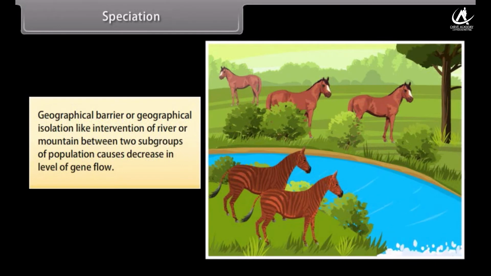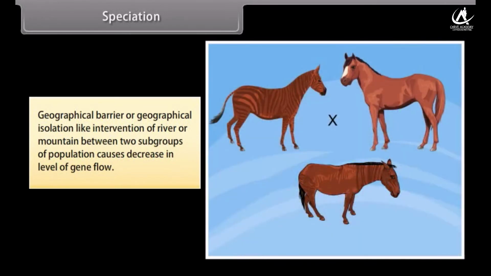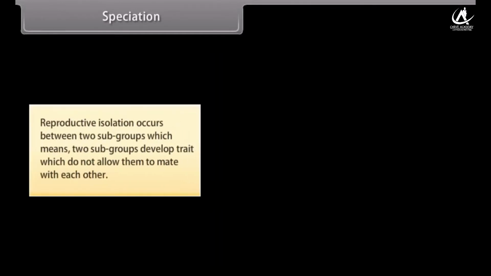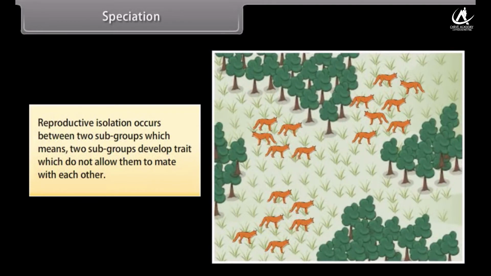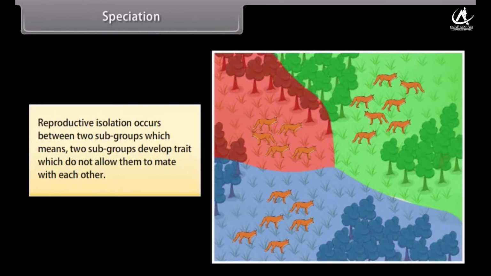Geographical barrier or geographical isolation, like intervention of river or mountain between two subgroups of a population, causes decrease in level of gene flow. Reproductive isolation occurs between two subgroups, which means two subgroups develop traits which do not allow them to mate with each other.